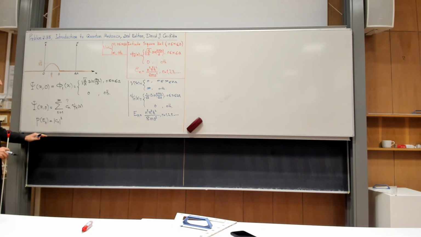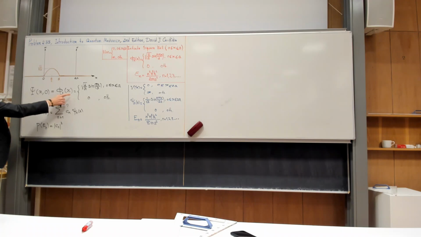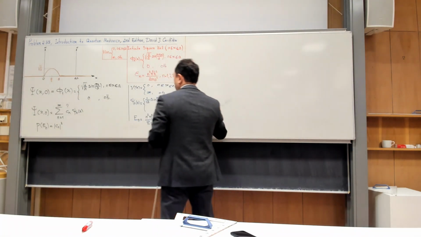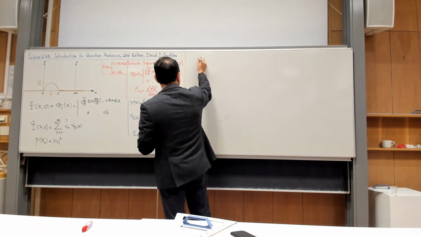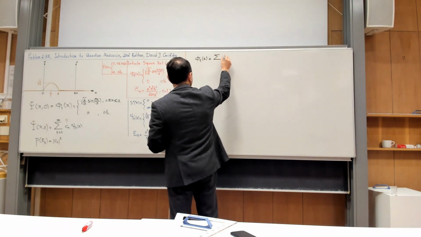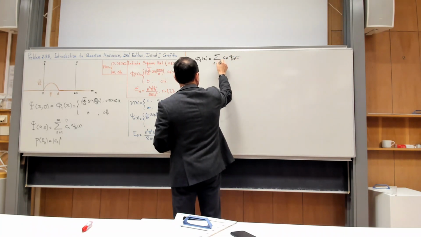And that is actually very simple to do. So instead of psi of x and 0, I put phi 1. Let me write it here for you. Then it becomes phi 1 of x equals the sum of Cn psi n of x, n going from 1 to infinity.